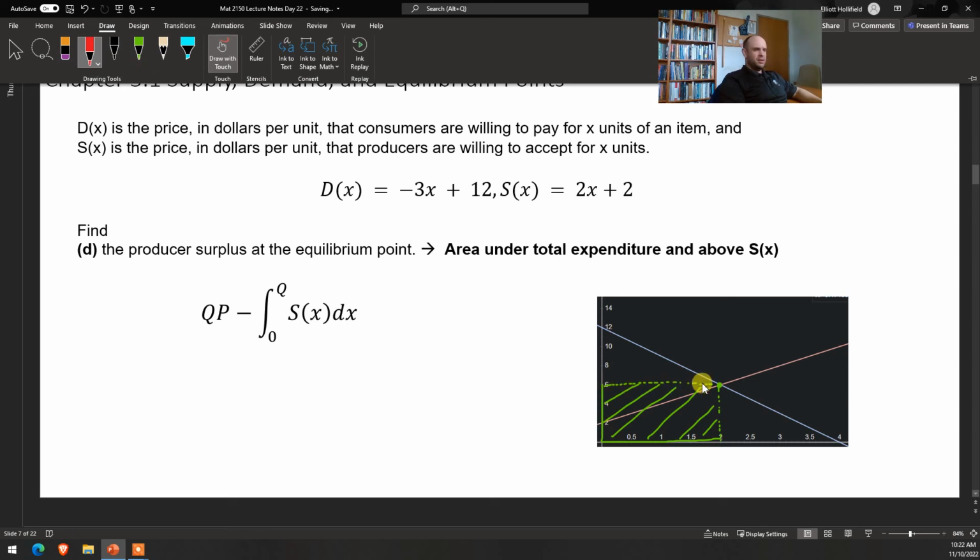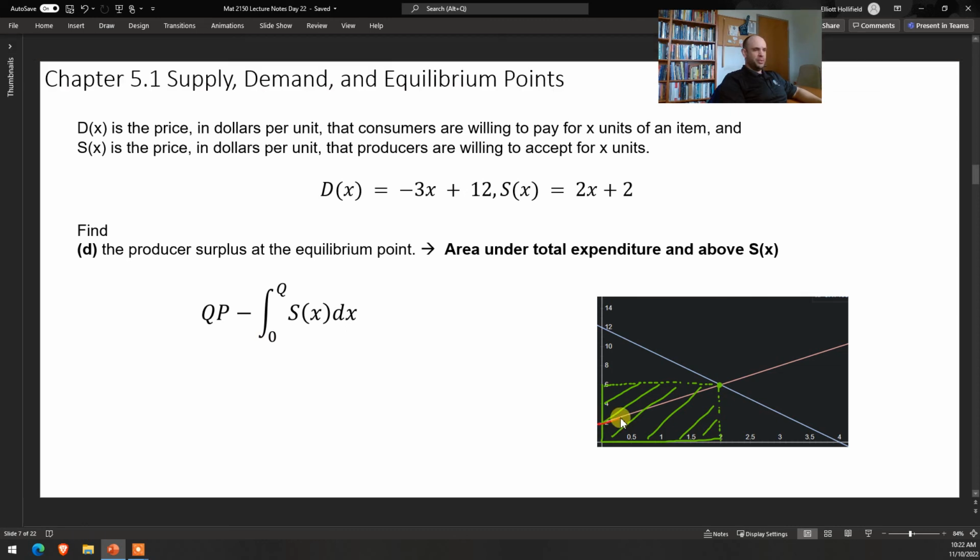Now if we take the area of this rectangle and we subtract the area under the curve of S, then that will leave us here with this small region of area, and you can see why we call it the surplus.